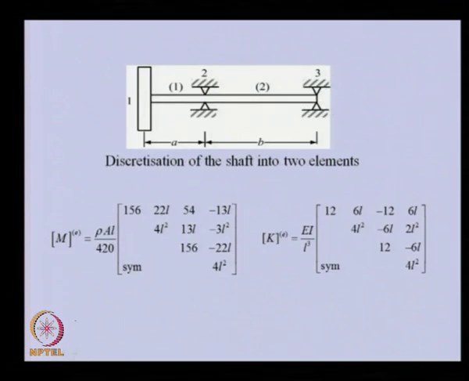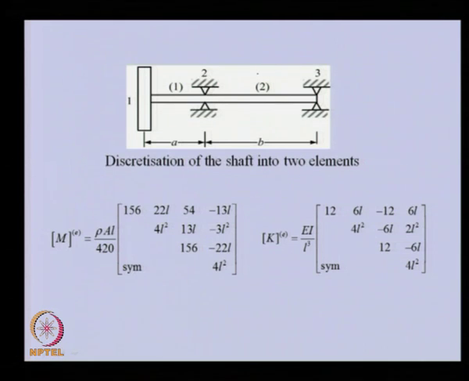In this particular case, again for simplicity, we are dividing into 2 elements. This is one element and this is the second element. Correspondingly, we have 3 nodes, and now we are writing the elemental equation for element 1 and element 2.